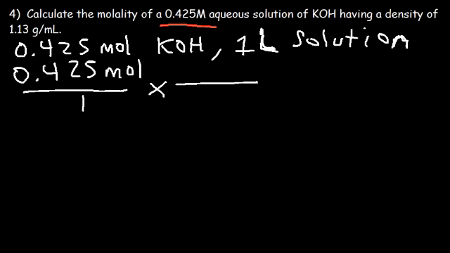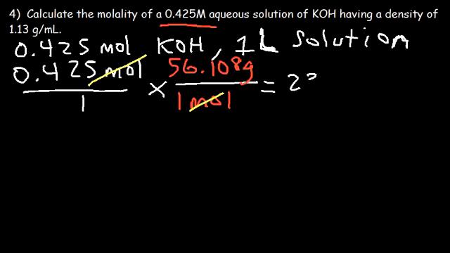So the molar mass for KOH is about 56.108 grams. So moles cancel. So 56.108 times 0.425, that's about 23.85 grams of KOH. So we have the mass of the solute.